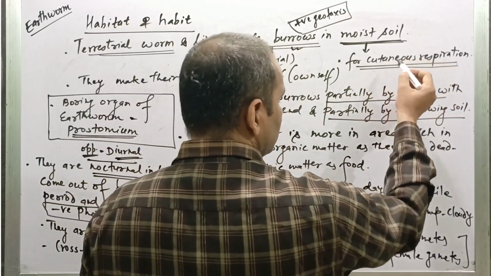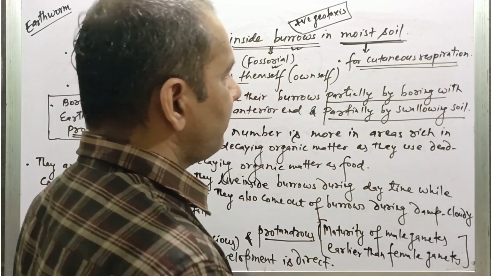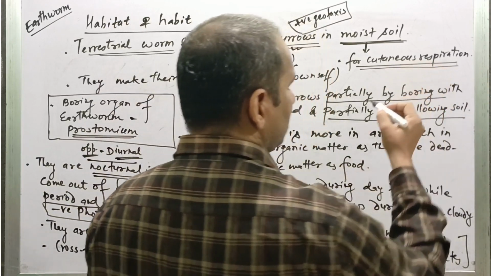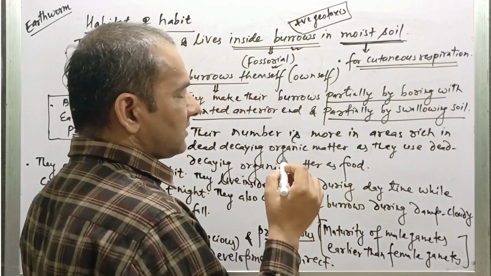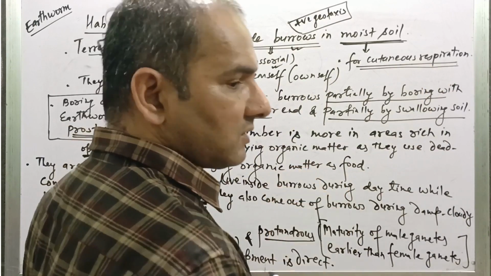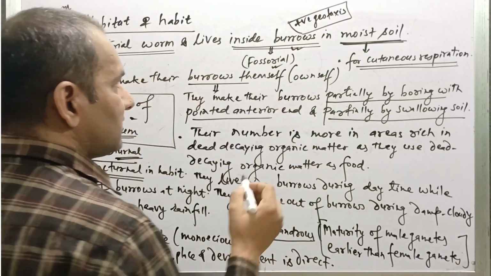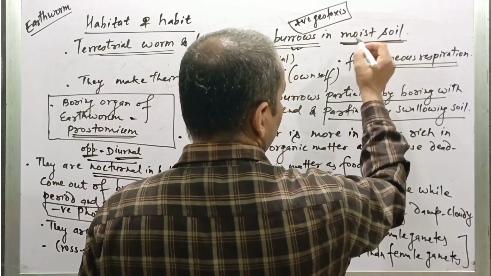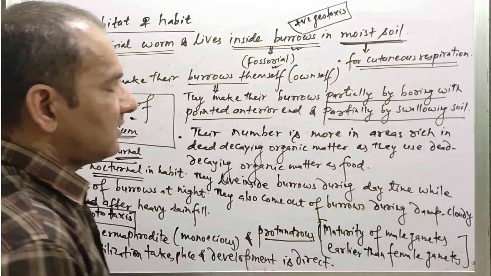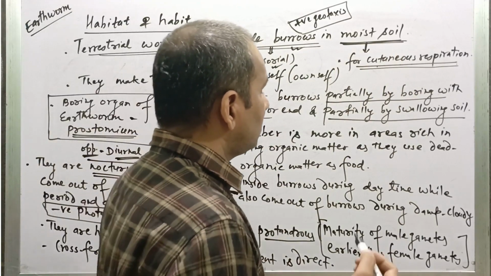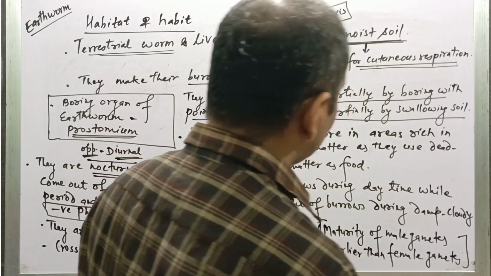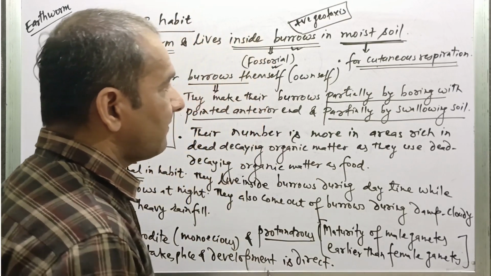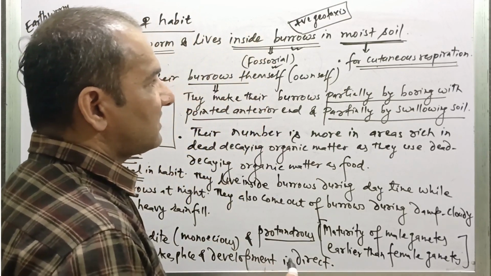Cutaneous respiration means exchange of gases through skin, and for the purpose of cutaneous respiration, the skin must be moist. Cutaneous respiration does not occur through dry skin. So, to keep its skin moist, it lives in moist soil areas. If it lives in dry areas, or if its skin becomes dry, then cutaneous respiration cannot be performed. So, it may die due to asphyxia.